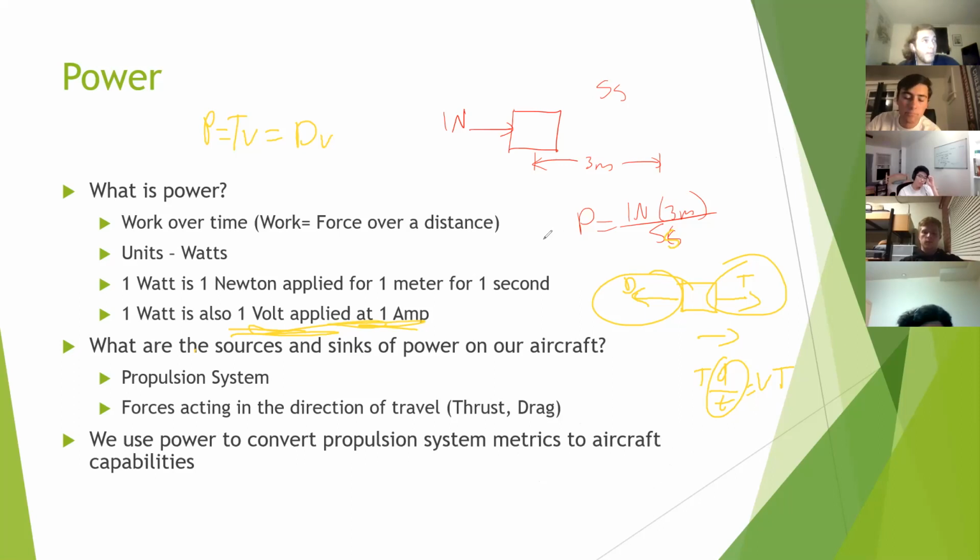But if you know the power that you want, you can pick the propulsion system later to match that power. That's more of a problem for preliminary design than conceptual. Right now, we just want to know what power our aircraft is going to draw. That make sense?